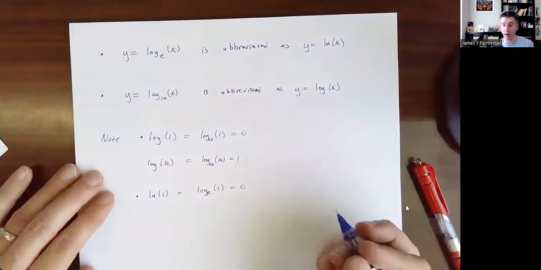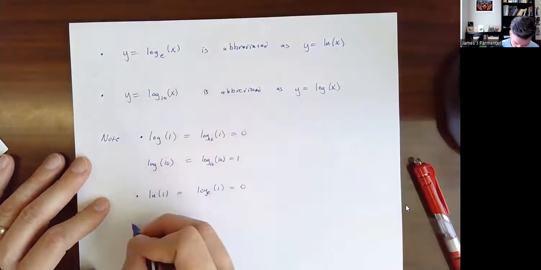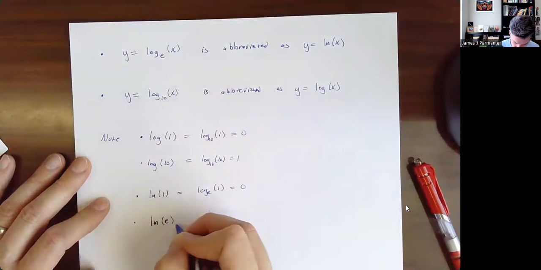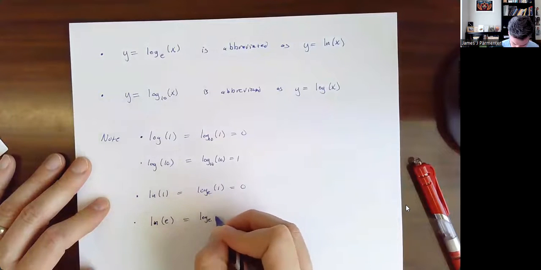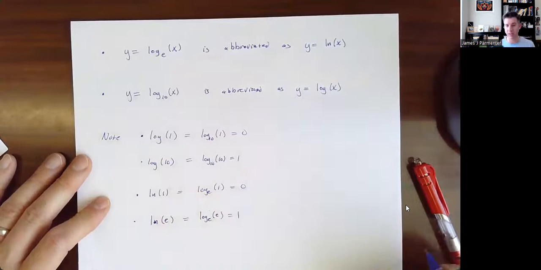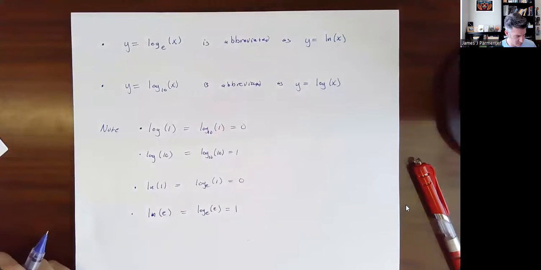Log base anything of 1 is 0, because e to the 0 equals 1, because 10 to the 0 equals 1. And natural log of e is just log base e of e. And e to what power equals e? Oh, e to the first equals e. So there's just a few things to be aware of.